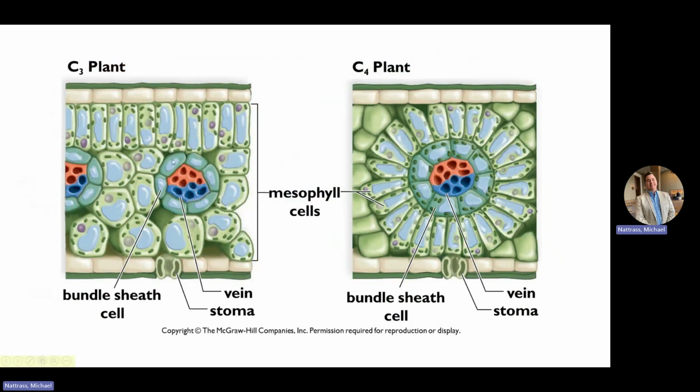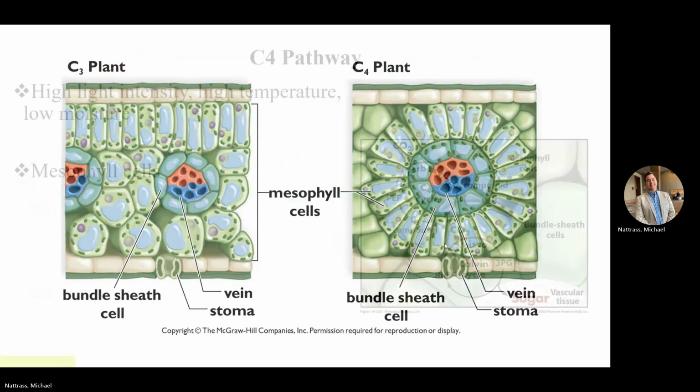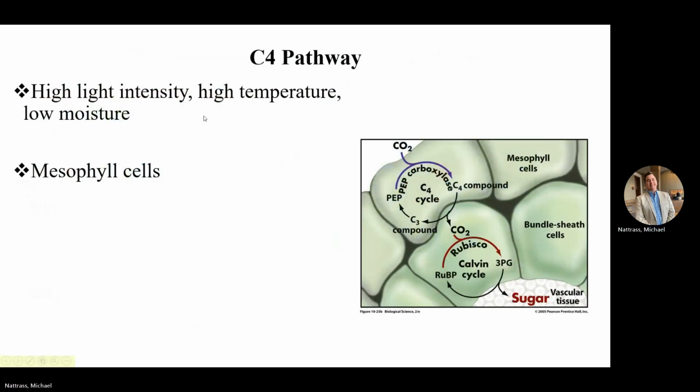For C4 plants, you notice that they're set up just a little bit differently. The arrangement of the vascular bundles and the mesophyll cells are slightly different, and we'll see why it's important in the next slide. All right, so the C4 pathway has the advantage of high light intensity, high temperatures and low moisture, which is what we expect the future climate or environment to be like.